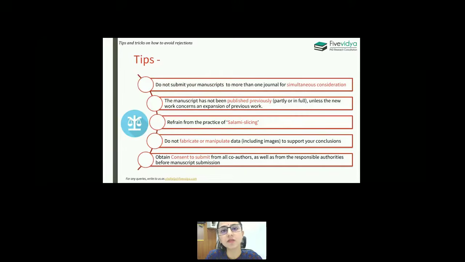The tips you can follow here is that you should not make multiple submissions of your paper. For example, you have prepared a paper and given it to 2-3 journals for simultaneous submission, which should be avoided, as it can lead to rejection.